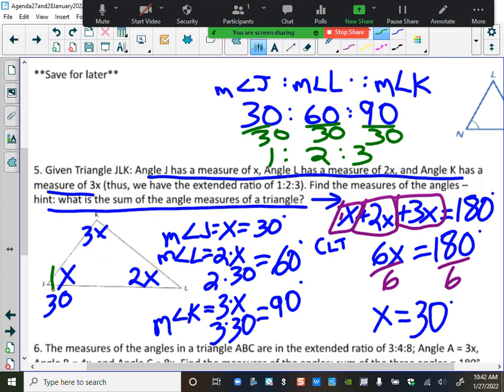Again, you weren't asked this part. This was just more of an extension, like working backwards. Sometimes we might have to multiply everything by something. If you're going from smaller to bigger, you're multiplying.